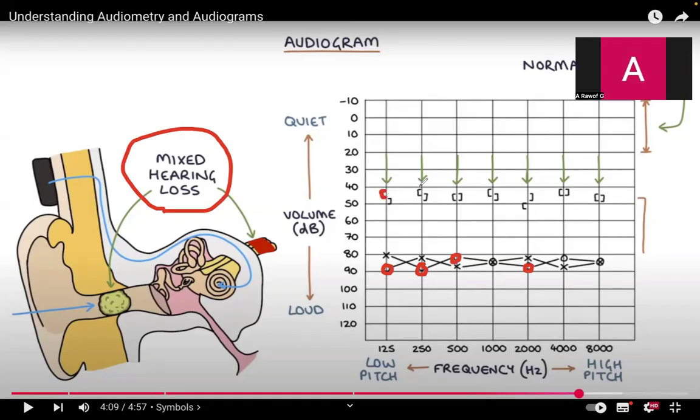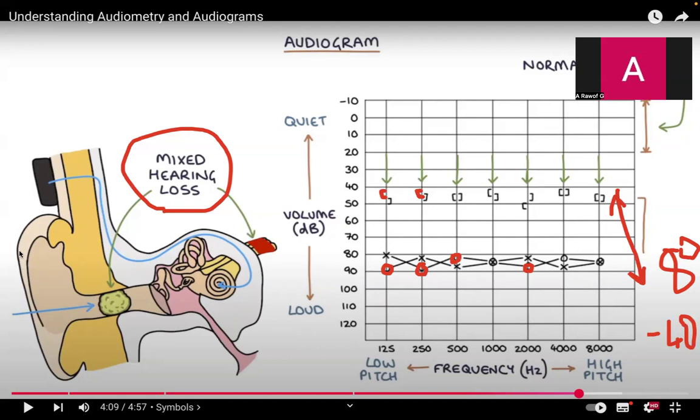The open bracket is 40 decibels, that is, the bone conduction is between 40 to 50 decibels. If you subtract 80 minus 40, we are getting a difference of 40. That means this is more than 15. If more than 15 decibels difference between the bone conduction and air conduction, it is called mixed hearing loss.